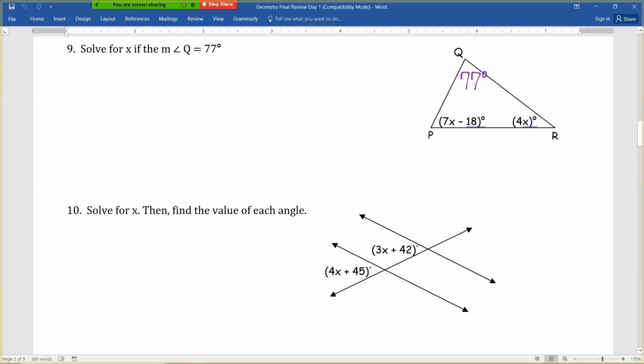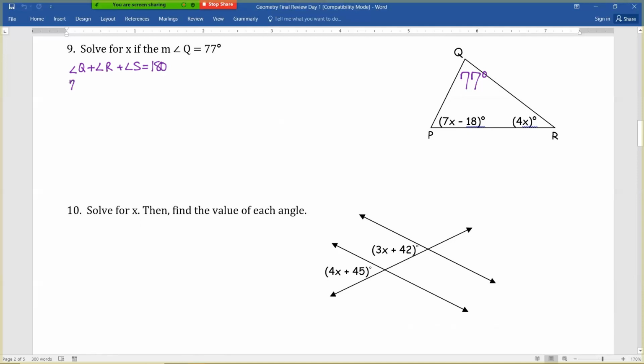Think back to question number 6. We have a triangle. We're given information about all the angles. All the angles must add up to 180 degrees. So angle Q plus angle R plus angle P has to equal 180 degrees. Go back through and fill in the information that you know.